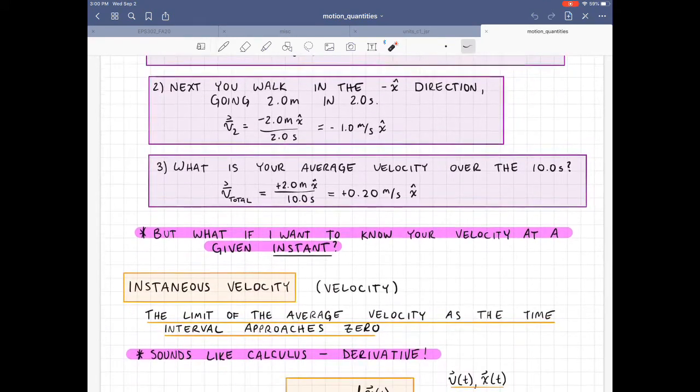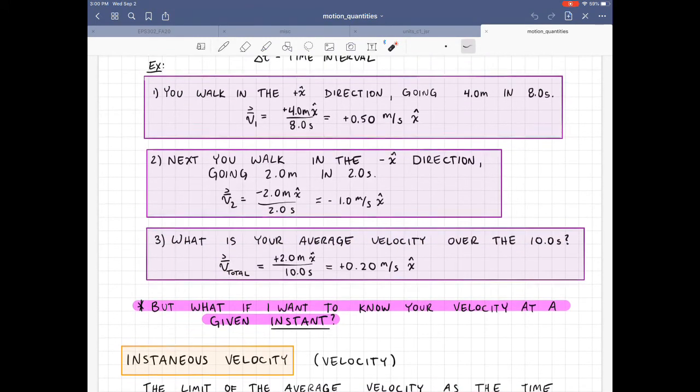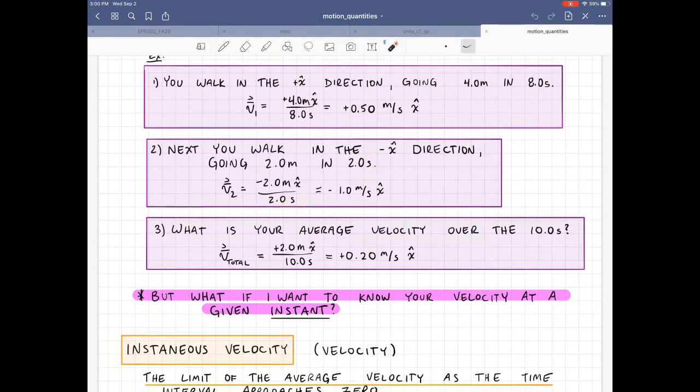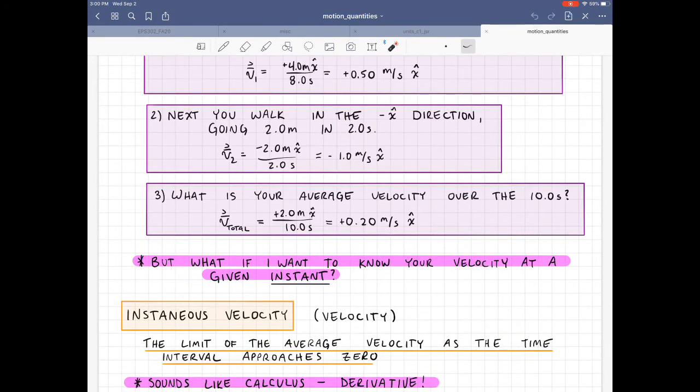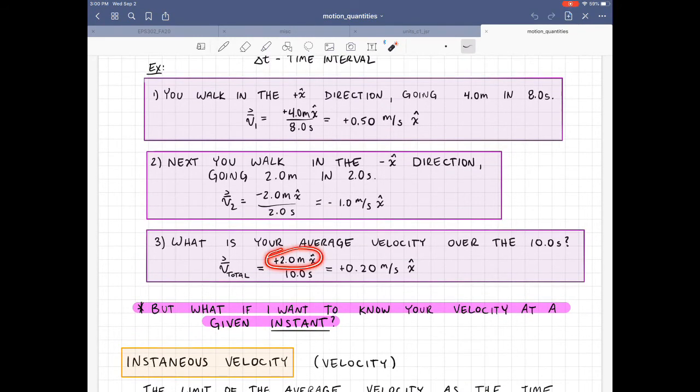And so 3 here, what is our average velocity over the entire 10 seconds? Right, we just calculated over the first 8 seconds and then the next 2 seconds, but what about over the entire 10 seconds? Well, first off, what's the total displacement that we traveled in that 10 seconds?